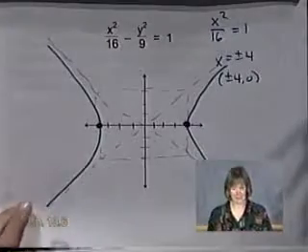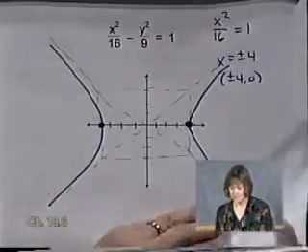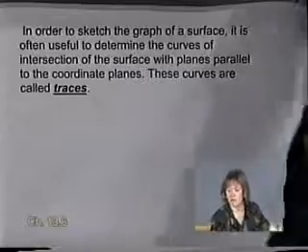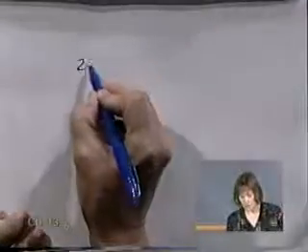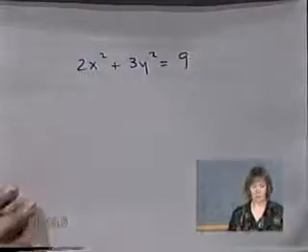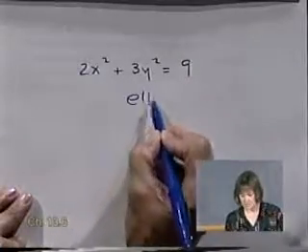Okay. Now I'm going to need these in a minute when I'm doing my graphs in three-dimensional space. So, big thing to remember, let's just talk real fast. If I had an equation that looked like 2x squared plus 3y squared equals 9, what's the graph of that going to be? With a plus, ellipse.